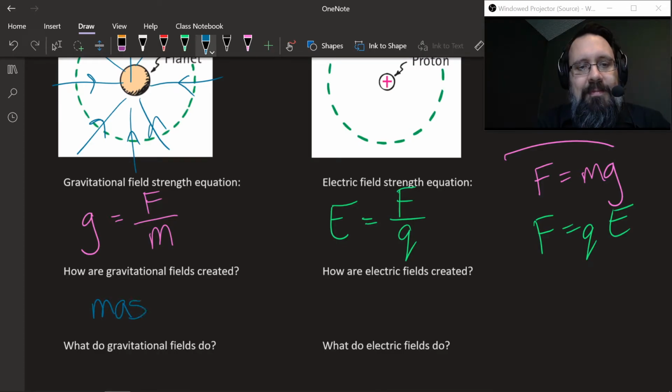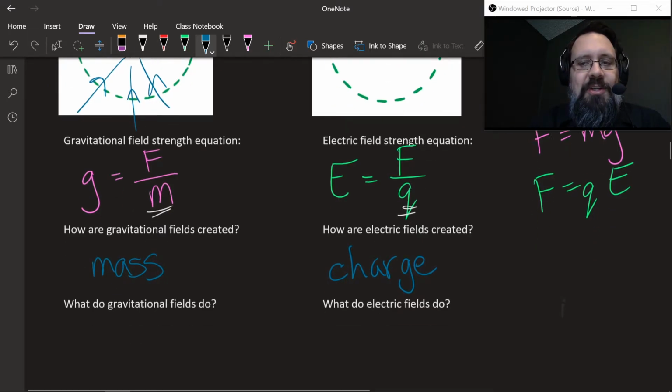Mass. And how are electric fields created? The analogous quantity to mass for electricity is? Charge. You got it. So what do gravitational fields do?